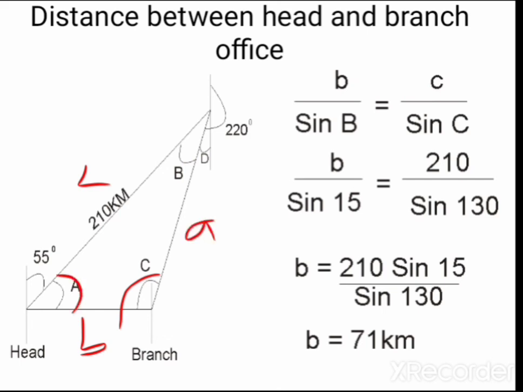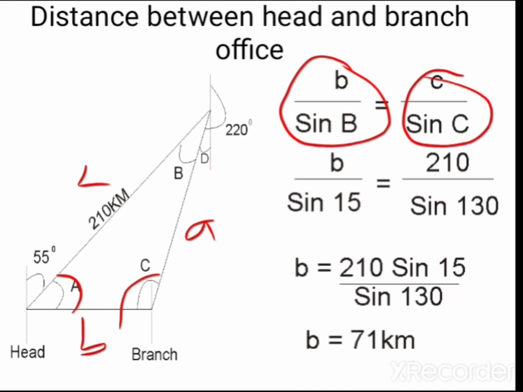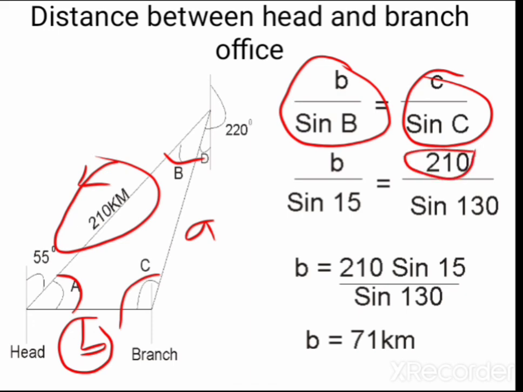So we say that b over sine B is equal to c over sine C. The value of b is not given, which is what we are looking for. But angle B is 15 degrees, as we calculated, and we are given this distance, 210 kilometers, between the head office and the branch.